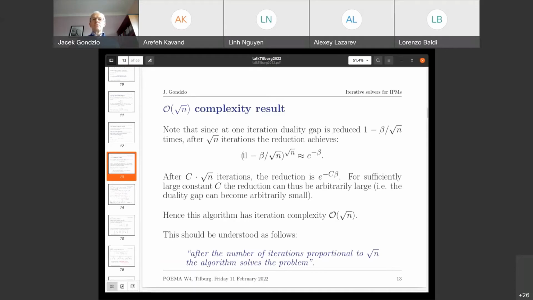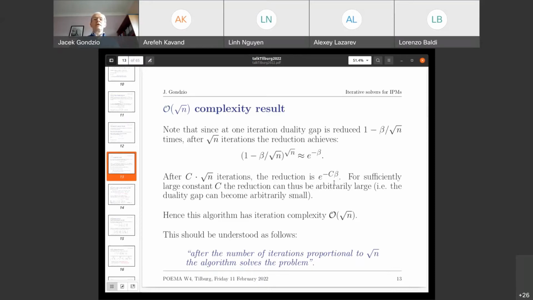If we ask for such a reduction at a single iteration by the term sigma, which was defined as 1 minus beta divided by square root of n, then after square root of n iterations we will raise sigma to the power of square root of n, and this will already give us a noticeable reduction, a number which is noticeably smaller than 1. Then a constant times square root of n iterations would give us an arbitrarily good reduction of the duality gap.